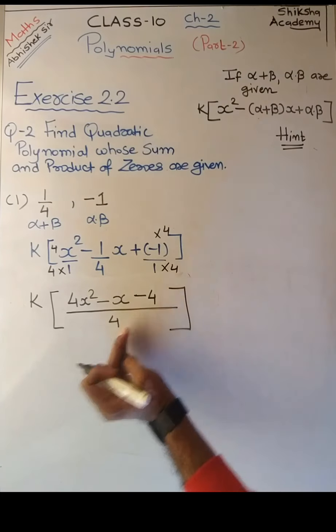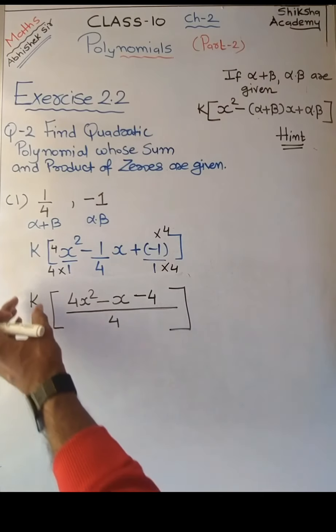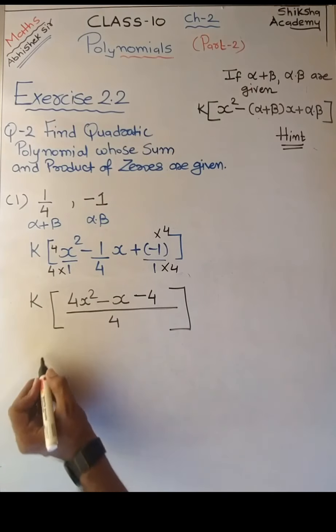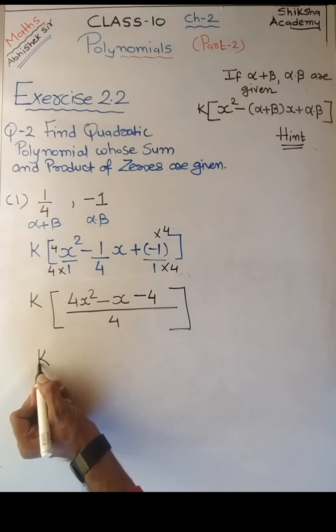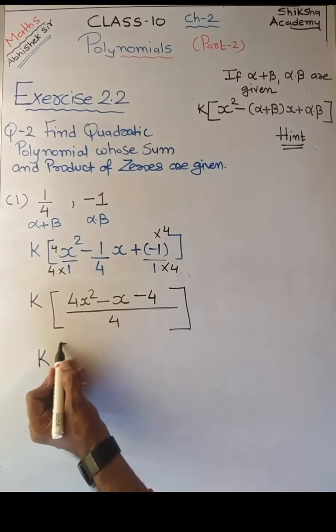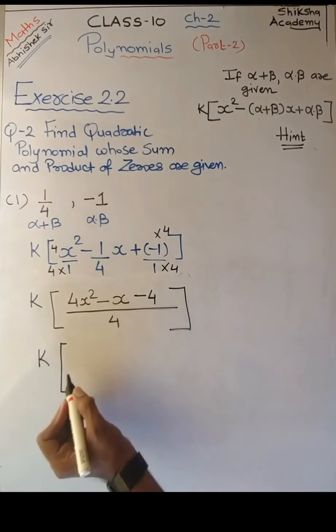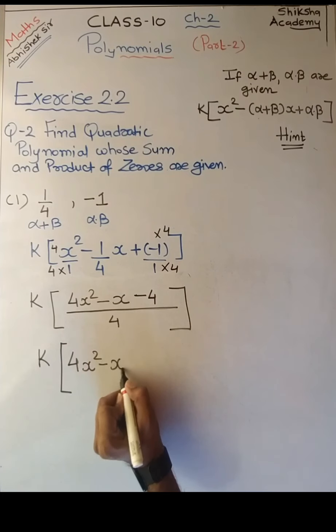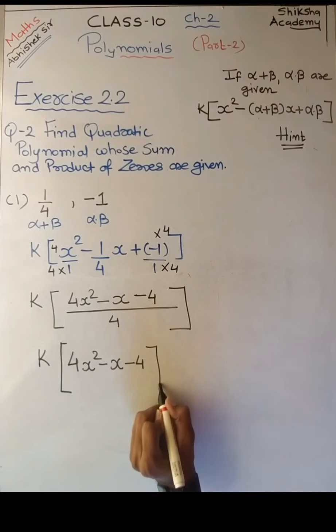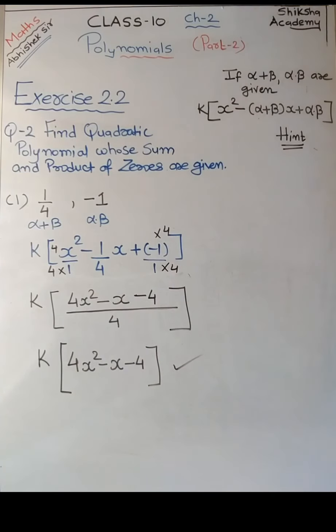So let us take this 4 outside and consider that inside k as well, right? So the final answer will be, the 4 goes outside, merges with k, becomes a constant. We don't care about that. We care about the inside polynomial, that is 4x square minus x minus 4. So this will be our final answer.